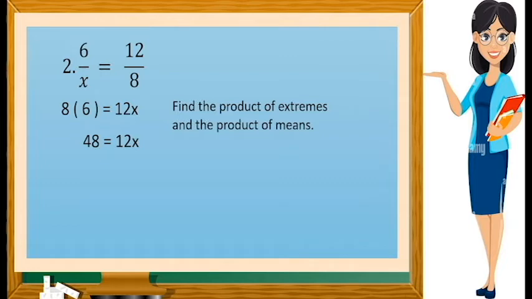Okay. So that is 48 is equal to 12x. Solve for the value of x. So x now is equal to 4. Did you get the correct answer? Okay, very good.